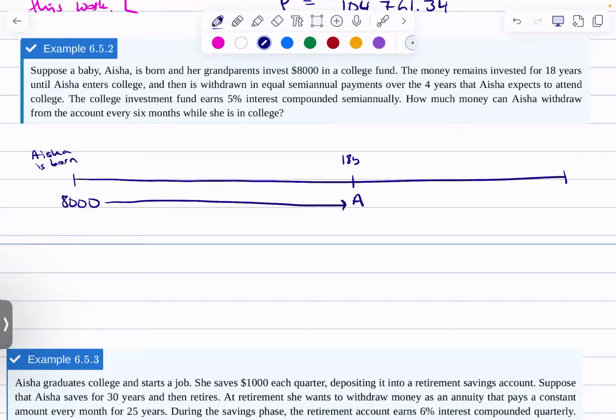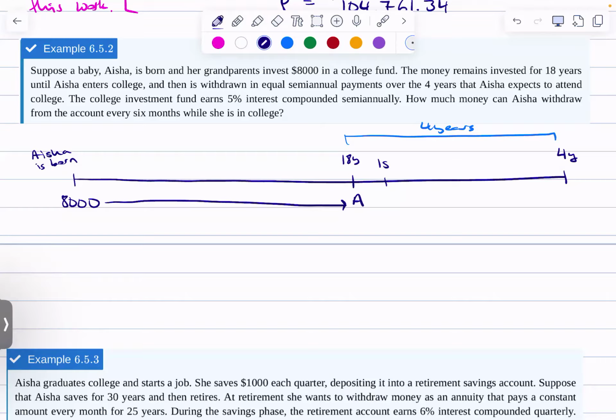So now this length of time is going to be 4 years, with semi-annual payments, right? And so that means there's going to be 8 payments. Instead of doing 18 plus 4, which is 22 years, I'm just going to call this 4 years because that's the length of the payments.